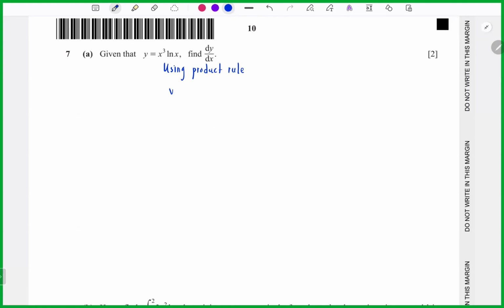So y equals x cubed ln x, dy/dx equals 3x squared ln x plus 1 over x times x cubed, which equals 3x squared ln x plus x squared. Okay, so this is your dy/dx here.